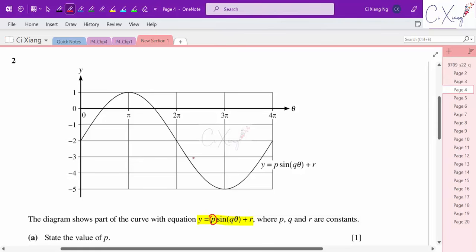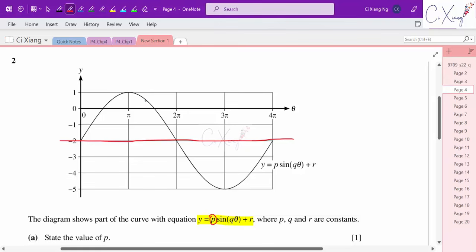If you analyze it, you will realize that this line is the center of the sine graph. The original sine graph has amplitude 1, where from the center to the highest point, the unit should be 1 unit.